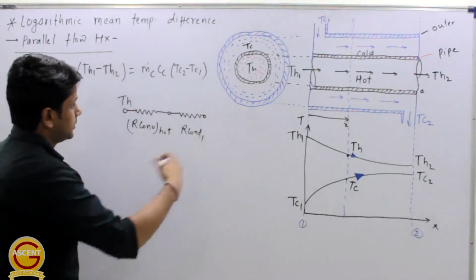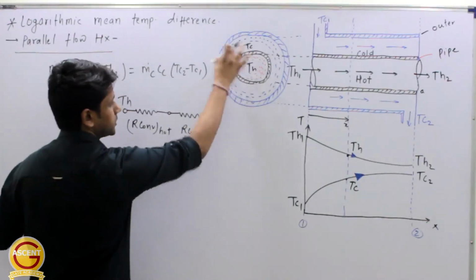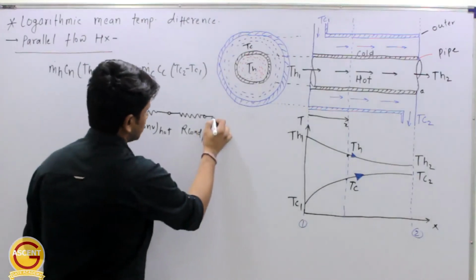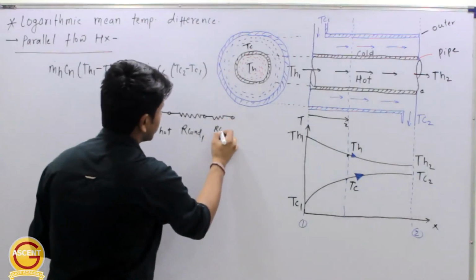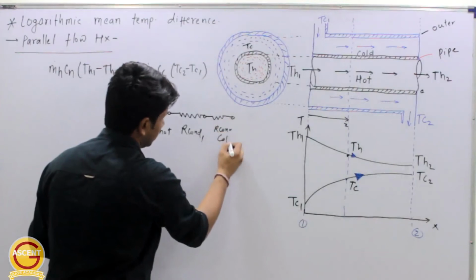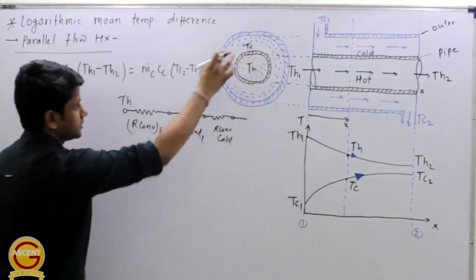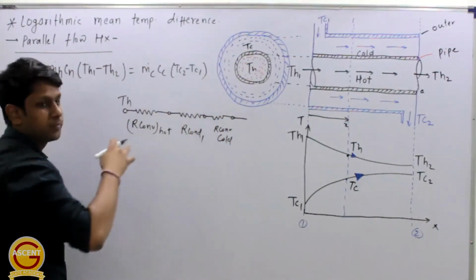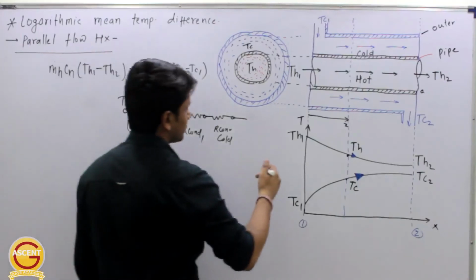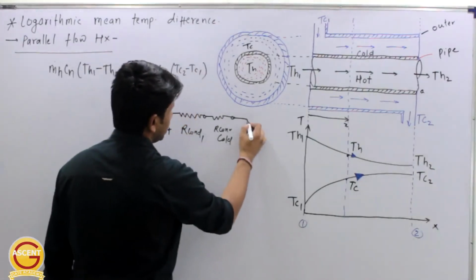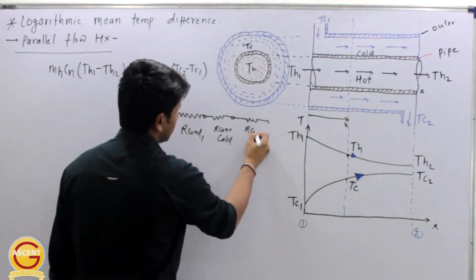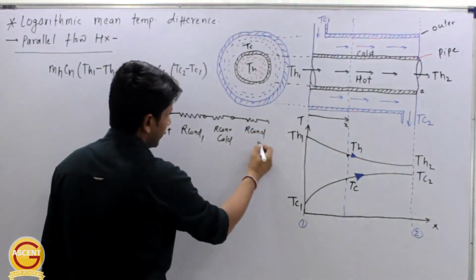Then again there will be convection due to this cold fluid. So this can be written as R convection in cold fluid, and then again there is conduction in the outer layer of pipe or the second pipe. So it will be R conduction in pipe B, let's say.